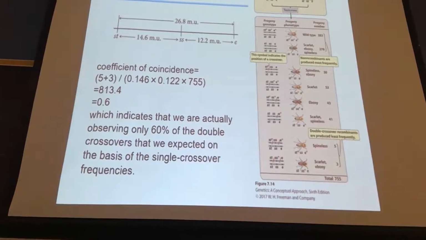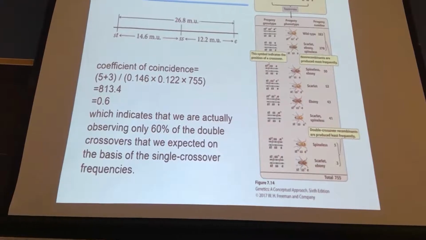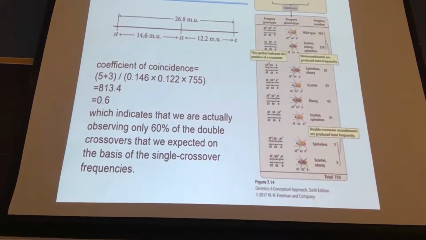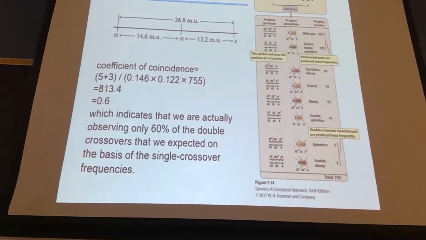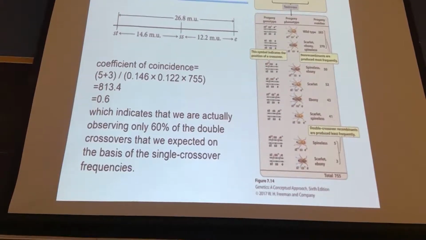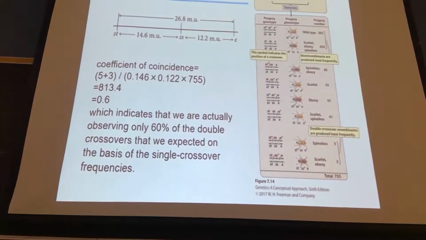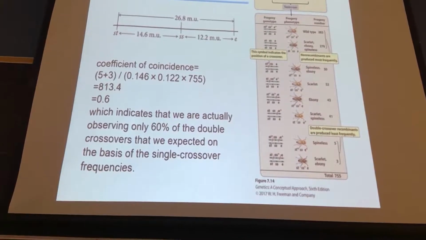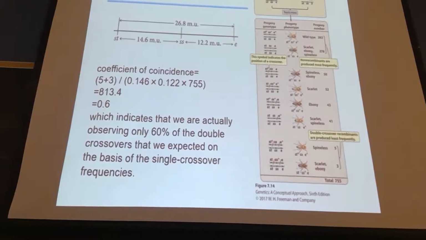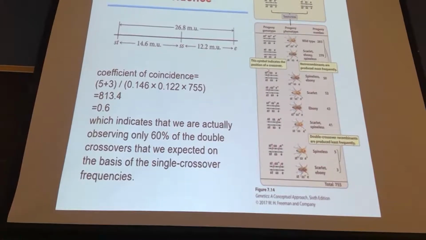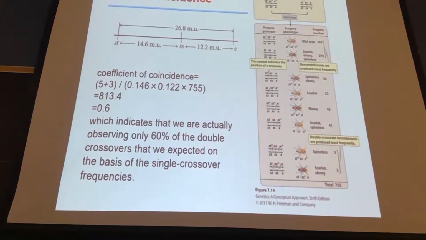Expected DCO means the probability of having two crossovers: 0.146 multiplied by 0.122, by the multiplication rule. Multiply this number with the progeny number, 755. Simple math.